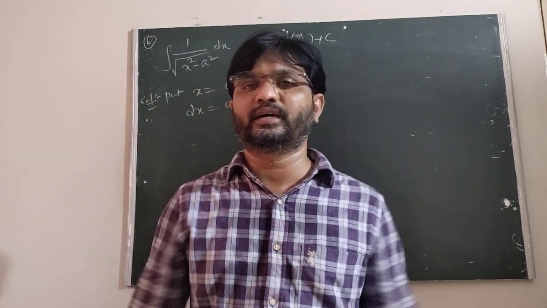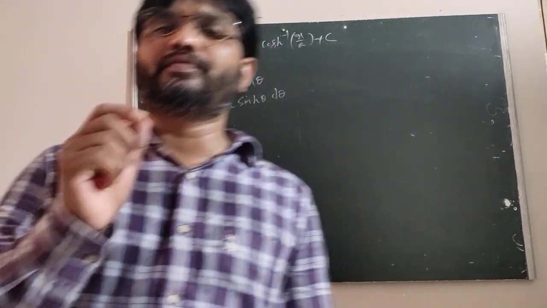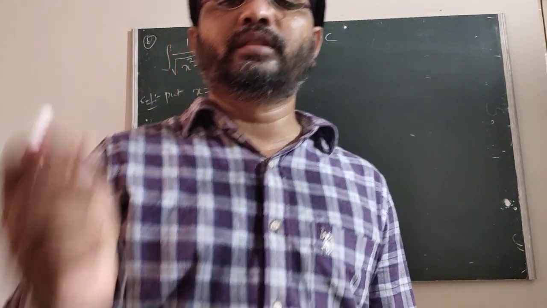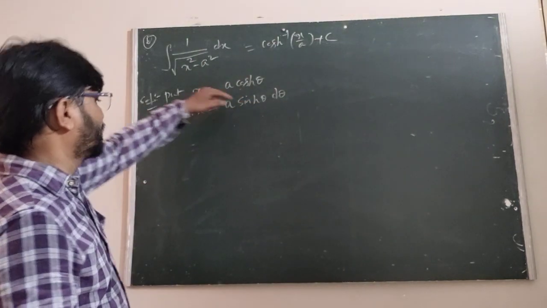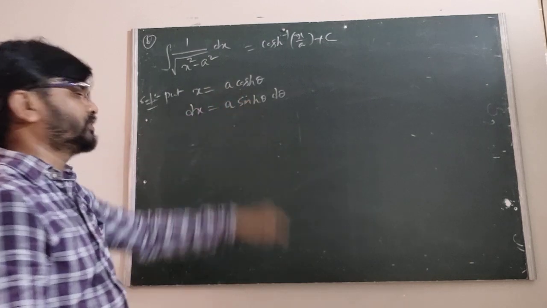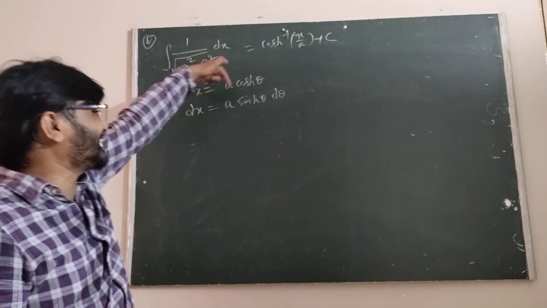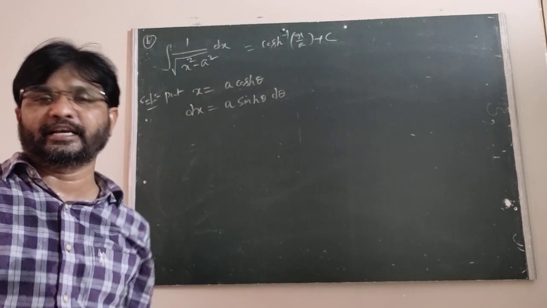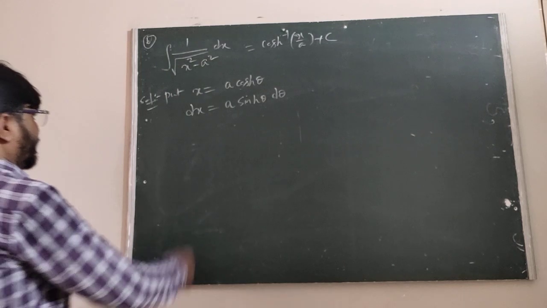That is a very important observation. Here the derivative of cos h theta is sin h theta. In the trigonometric ratios, the derivative of cos x is minus sin x. Is it okay?